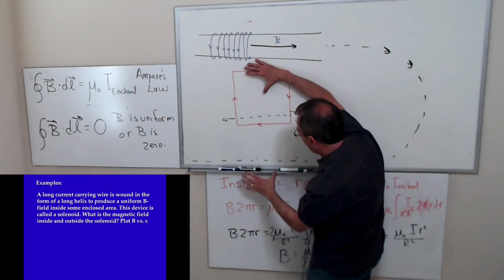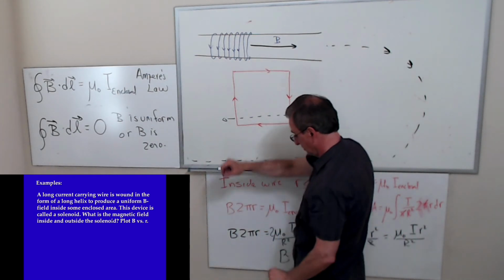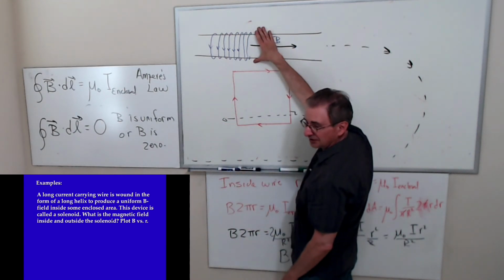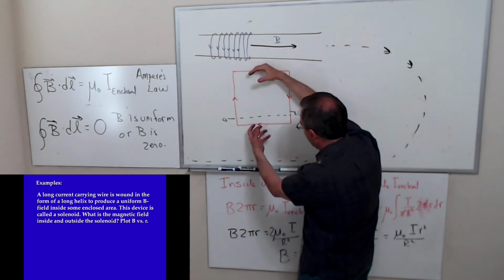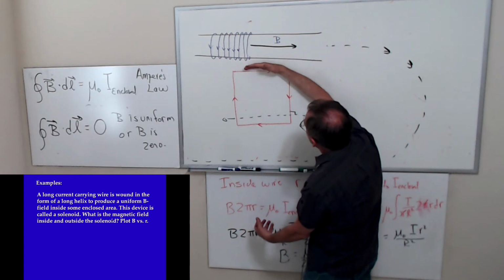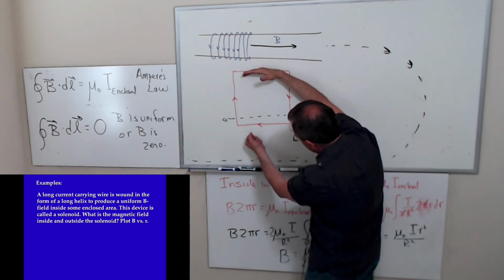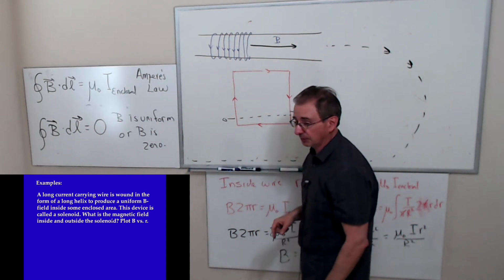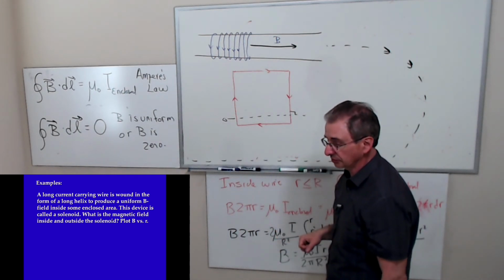No matter how long I make this in this direction, as I go further and further out, I keep this in the same location, but I keep making this longer and longer. That integral is 0, right? Because there's no current enclosed in the loop.